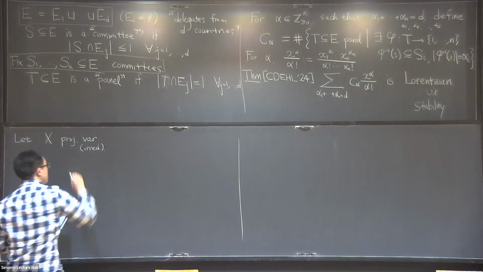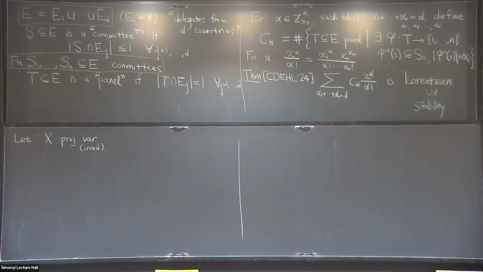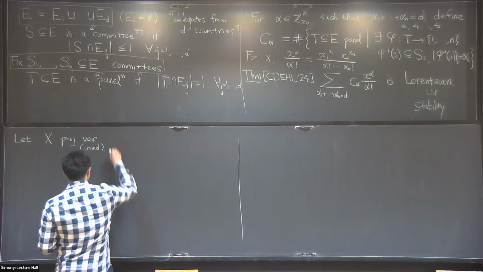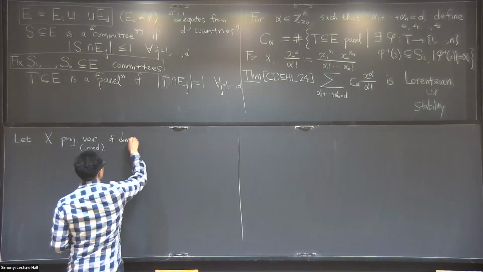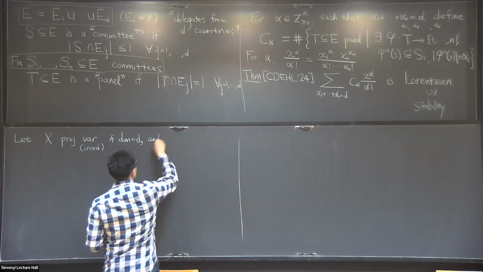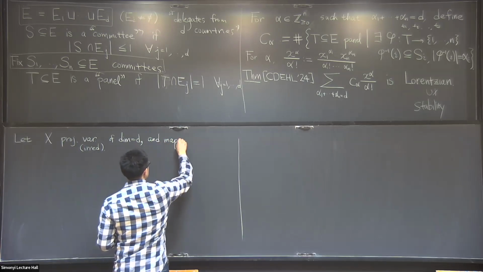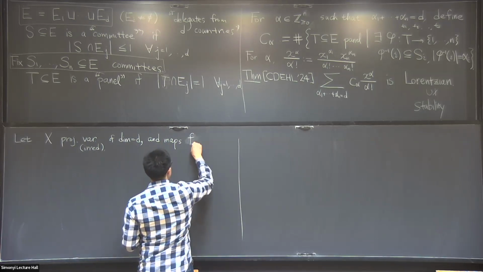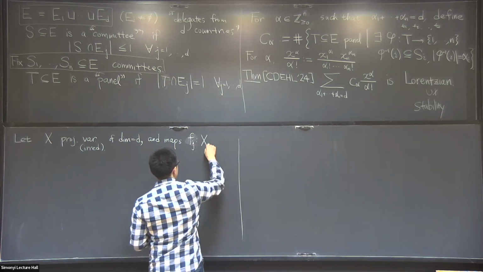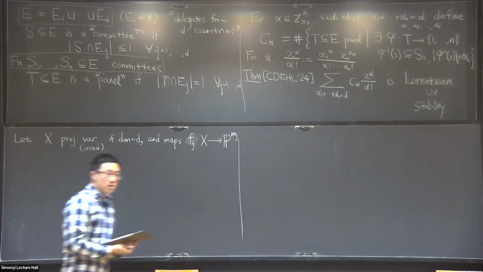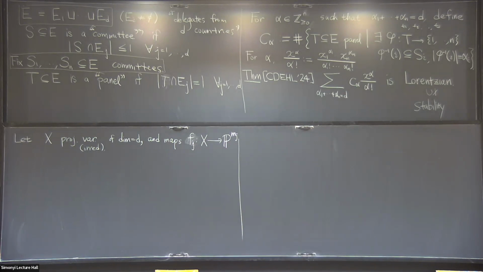Strictly speaking, by variety, I always mean irreducible and reduced. So we have some projective variety, let's say of dimension D. And let's say I have various morphisms from the projective variety, let's name them F_j, from X to some projective space P^{m_j}, for positive integers m_j. So that's the setup.